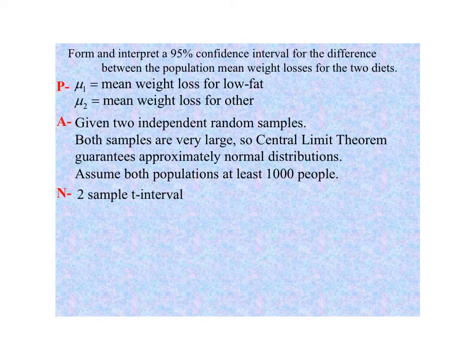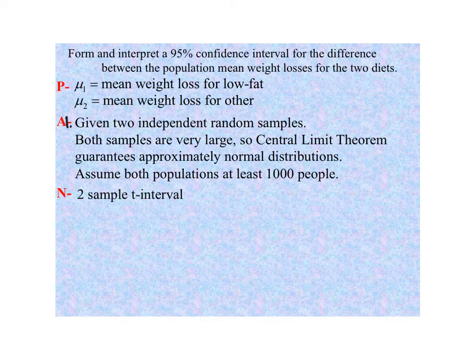Okay. So step A, number 1. Let me go ahead and write it out here. It was given in the text that both samples that were collected were random. If you go back and read through the text, it says that the 100 people were selected randomly.